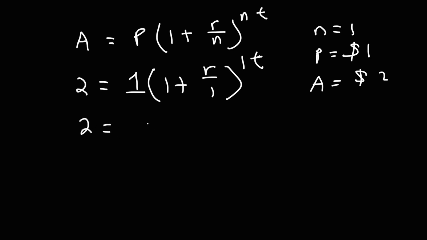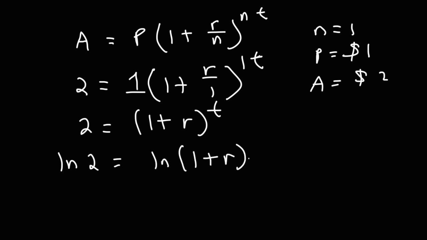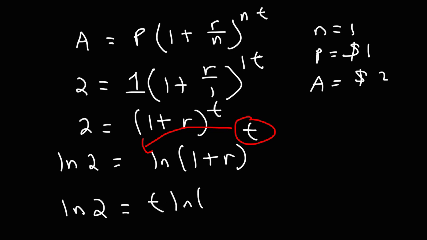So we get 2 is equal to 1 plus r raised to the t. Now we're going to take the natural log of both sides. A property of logs allows us to take the exponent and move it to the front. So what we now have is ln2 is equal to t times ln 1 plus r.